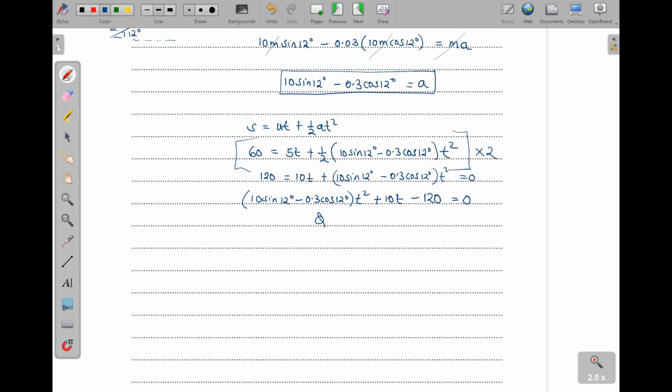So this is a quadratic equation in t. Now I can solve it maybe using the quadratic formula.